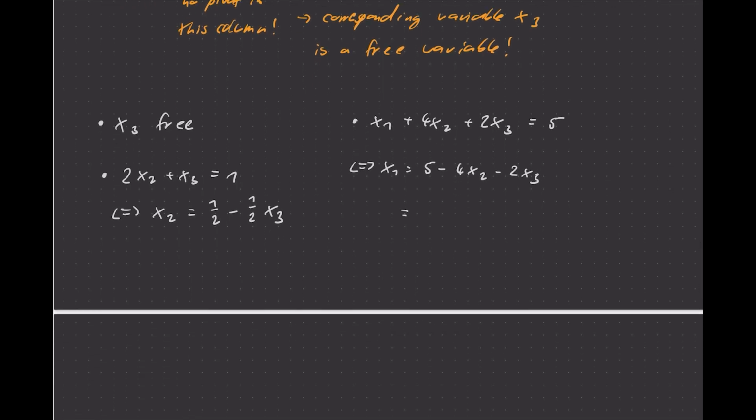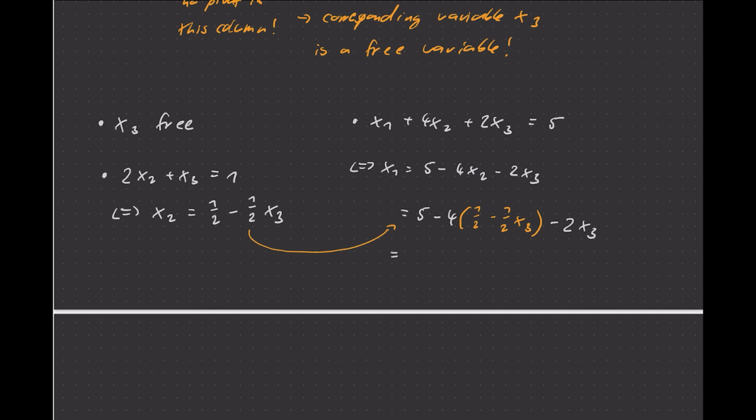Then we can use x2. We know that already. So let's substitute that here. Minus 4, and x2 is 1 over 2 minus 1 over 2 x3. And then we have minus 2x3. x3 is free, so we can't substitute anything for that.